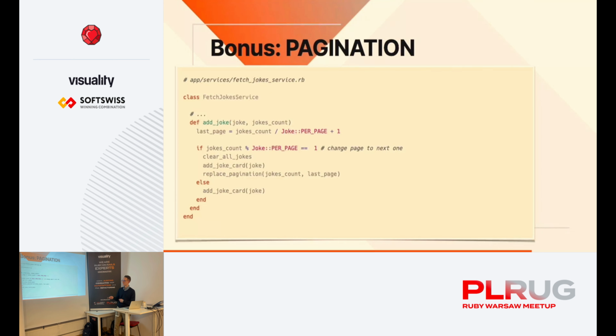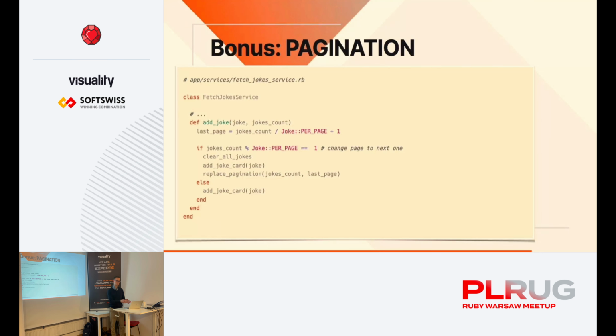And in such a case, we need to do the following. We need to clear the page, so get rid of all existing jokes. We need to add a new joke, this 10th joke, and we need to re-render the pagination element, because we want this pagination to be consistent with the state of the page, right?